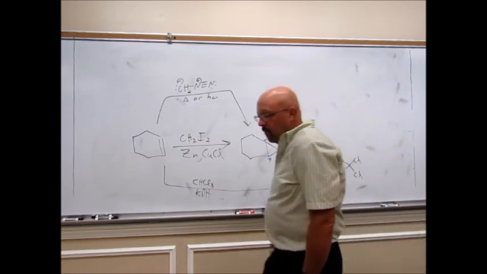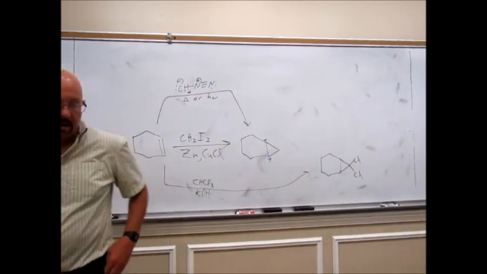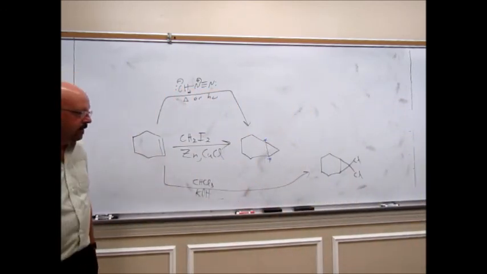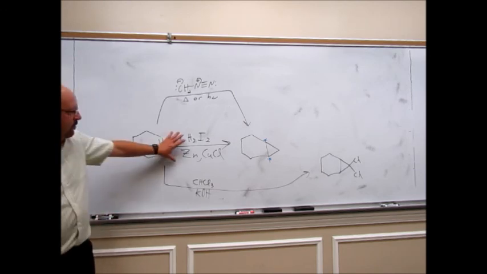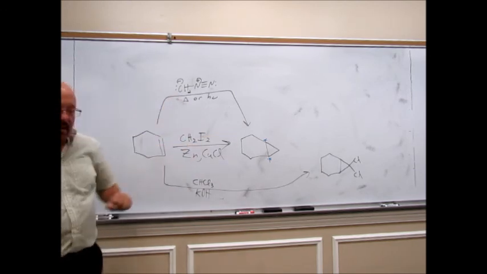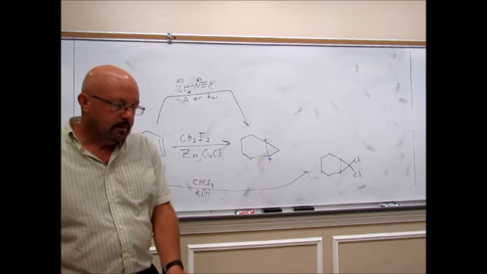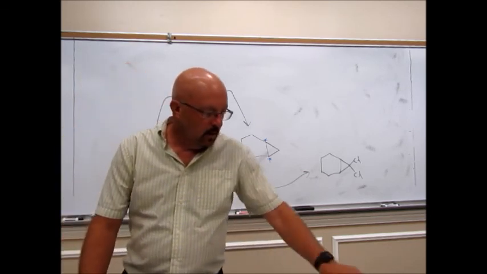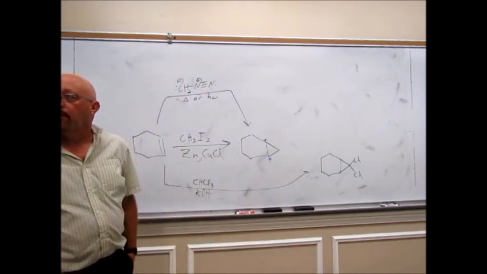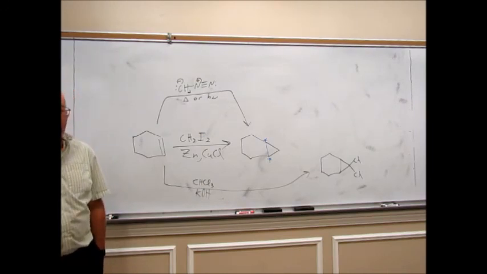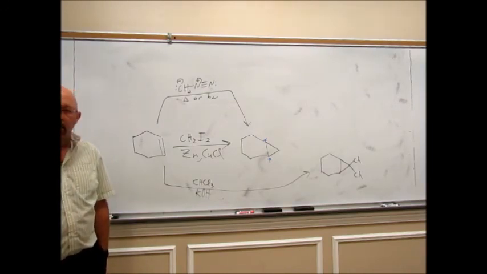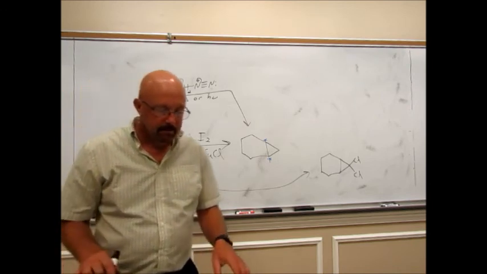That one will have 2 chlorines on there because it makes a dichlorocarbene. So that's the only difference. These 2 work exactly the same. They give the same product. Questions on the carbenes? So your carbenes always make a cyclopropane ring where the double bond was.